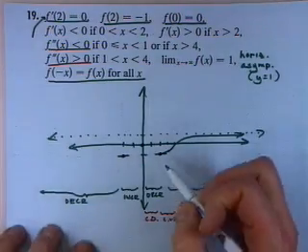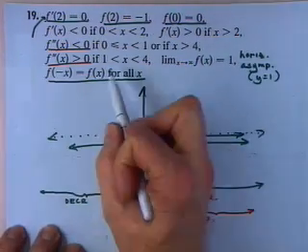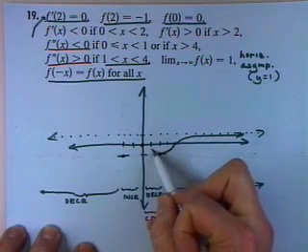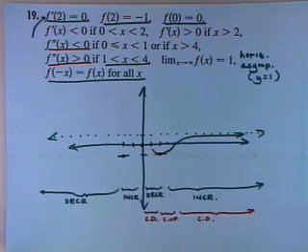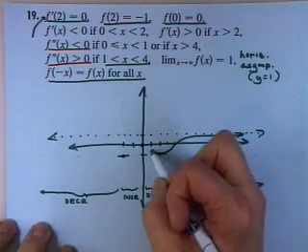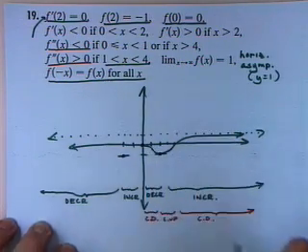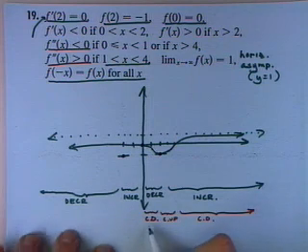Now, where is it concave up? From 1 to 4, right? So in here, I've got to have it come down and be nearly flat, then it is flat, and then it leaves there nearly flat. But at 1, it's got to change concavity and be concave down, right?